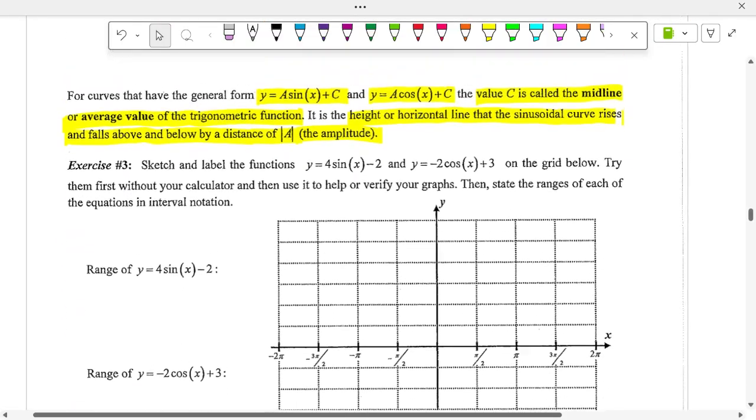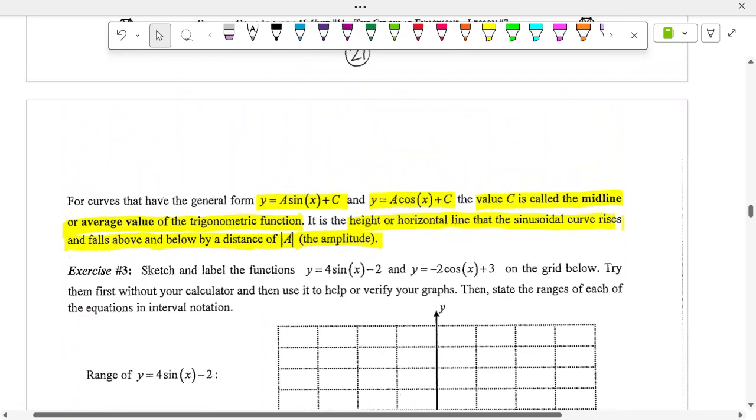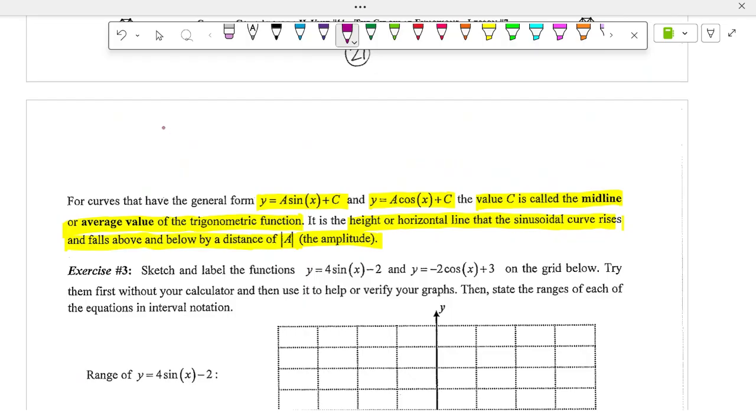Now, there's a couple of things you also need to know. I always tell my students to start at the y-axis. If you are graphing a sine function, you start at the midline.